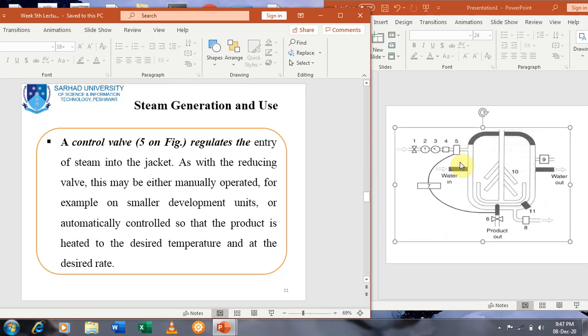Suppose we set it at 20 degrees centigrade: when the temperature rises above 20, the air conditioner automatically turns on, and then automatically turns off, adjusting to the desired level of temperature. Similarly, the control valve 5 in the figure is either manually operated for smaller pieces of equipment or development units, or automatically controlled so that the product is heated to the desired temperature and at the desired rate.